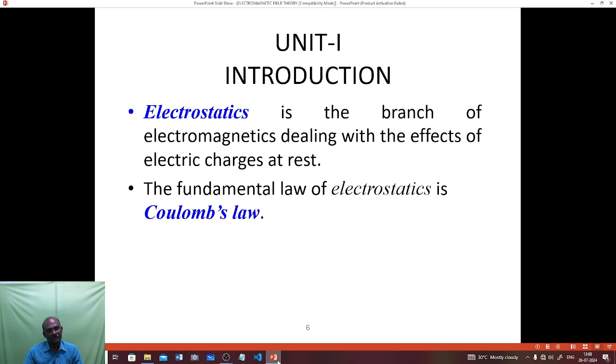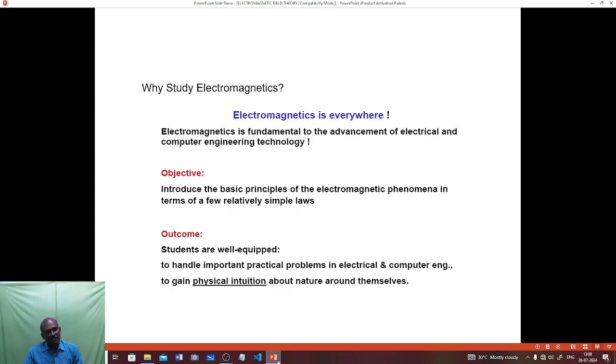Introducing electrostatics: it is the branch of electromagnetics dealing with the effects of electric charges at rest. We deal only with the field produced by charges at rest positions. The fundamental law of electrostatics is Coulomb's law, which deals with the force between two charges. Electromagnetics is everywhere.